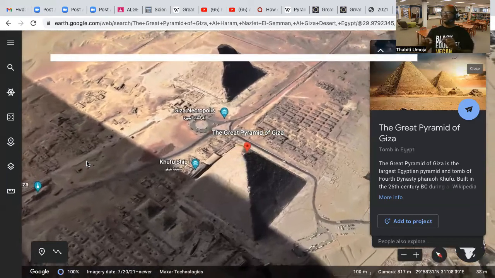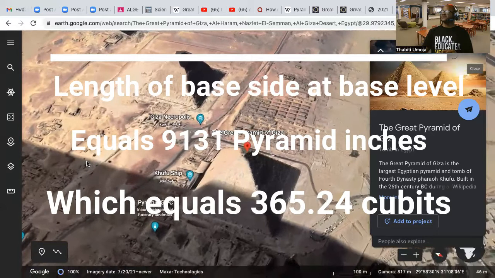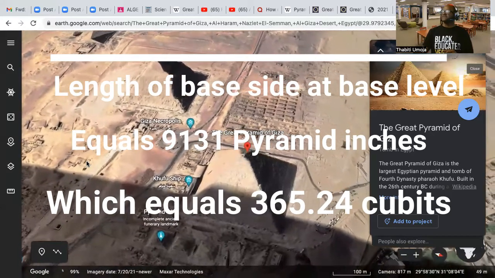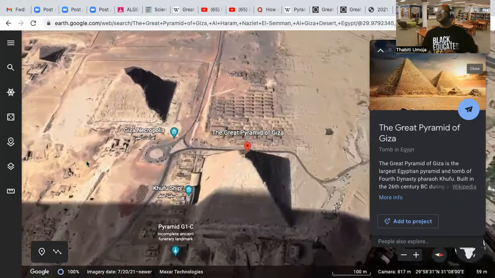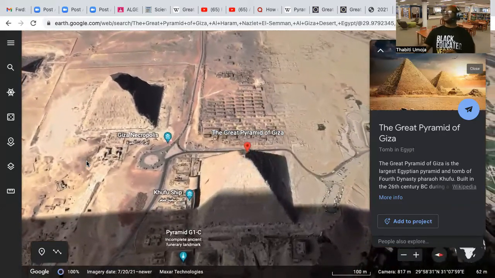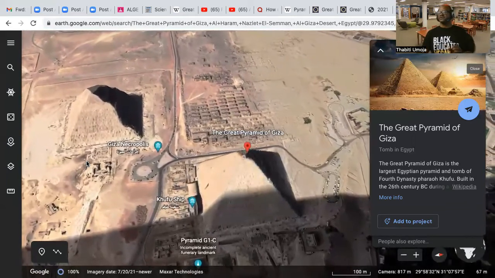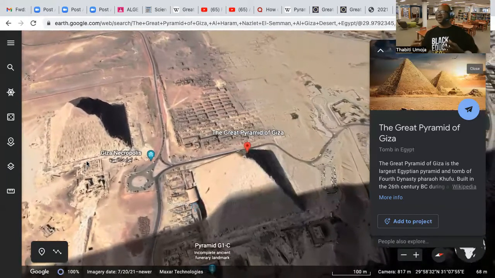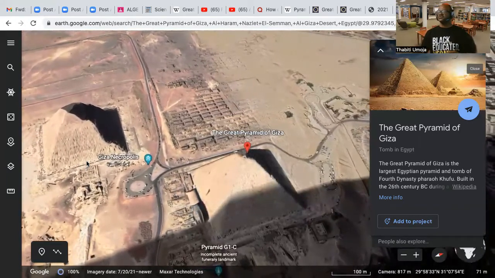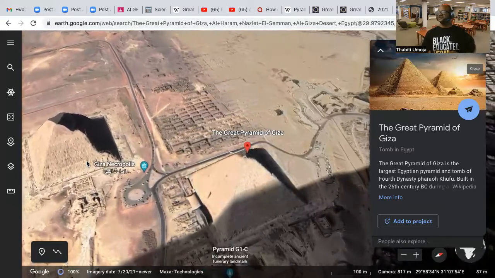From corners to corners on one side, it represents 365.24 cubits, which is exactly our year. So there's math all in this particular pyramid, and today we're going to do some math related to it. So take notes and let's get going.